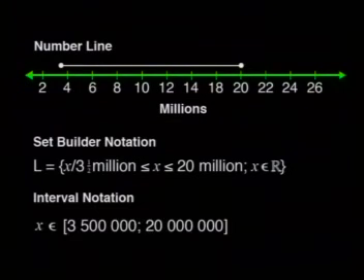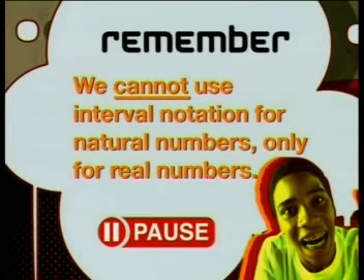It is called interval notation. Now, the square brackets represent all possible real numbers starting and including 3.5 million and going up until 20 million, including 20 million. But always remember, we cannot use interval notation for natural numbers, only for real numbers.